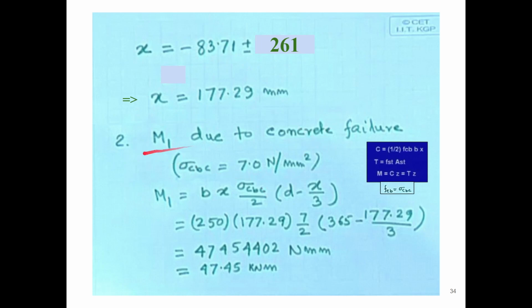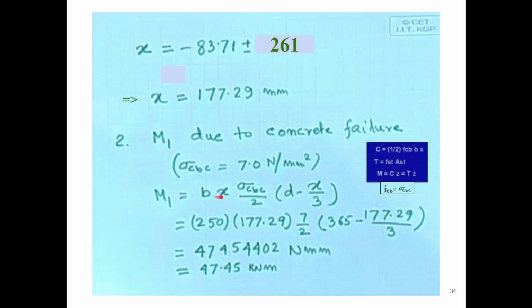Now let us find out the moment carrying capacity due to the concrete failure, that is basically the concrete moment carrying capacity. For M20, the sigma CBC value is 7. The moment carrying capacity will be the compressive force provided by the concrete into the lever arm.